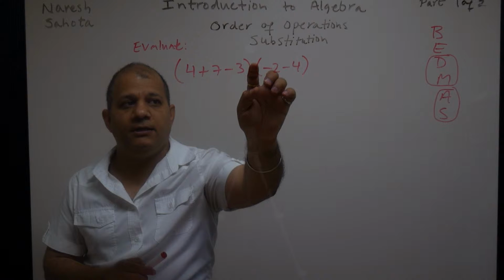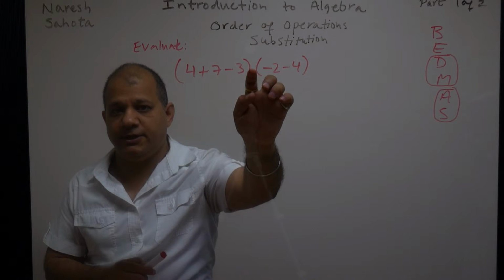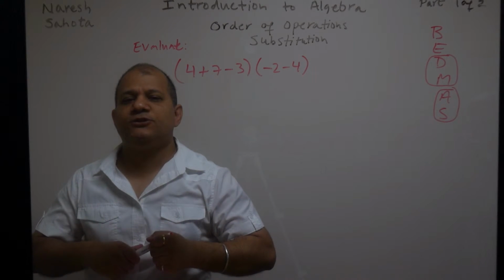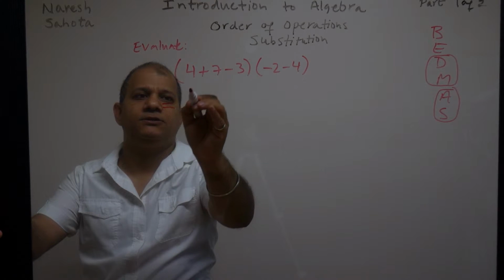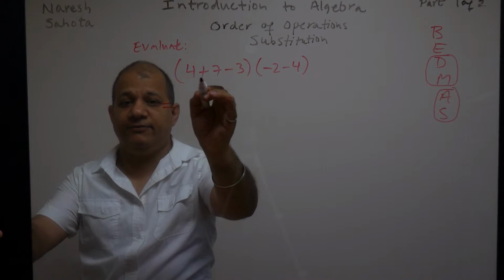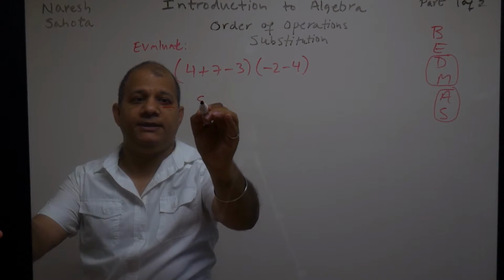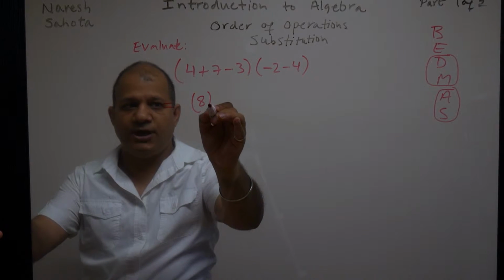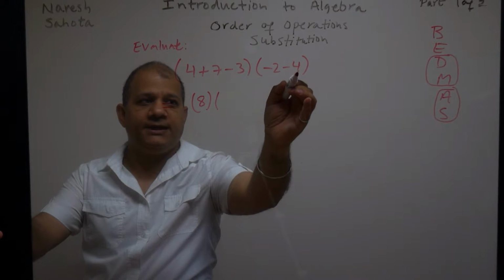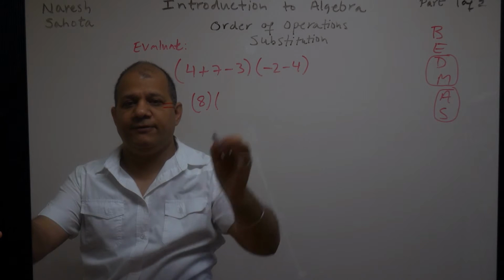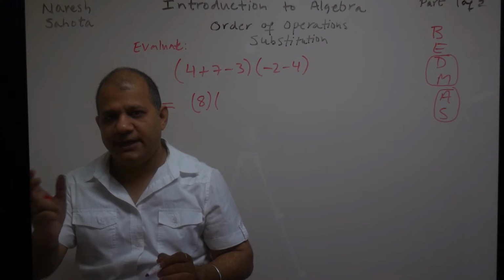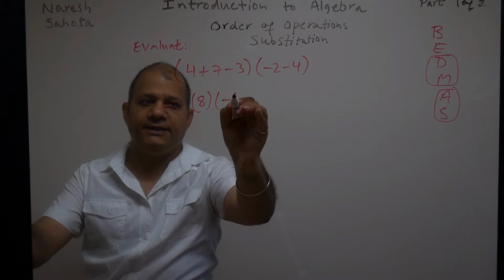So there is an operation of multiplication here, right? So let's do brackets first. So 4 plus 7 is 11. 11 take away 3 is 8. Still keep it in brackets. Now simplify the second bracket, negative 2 and negative 4.